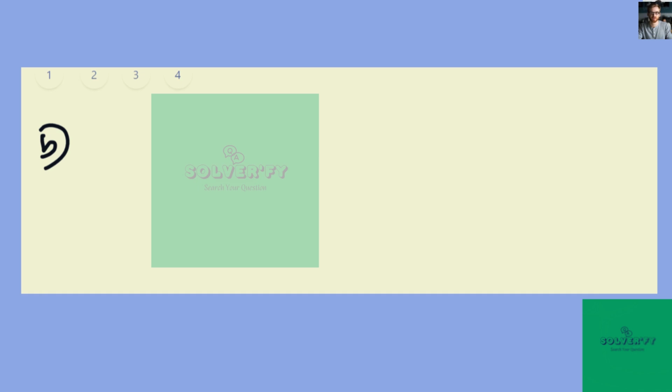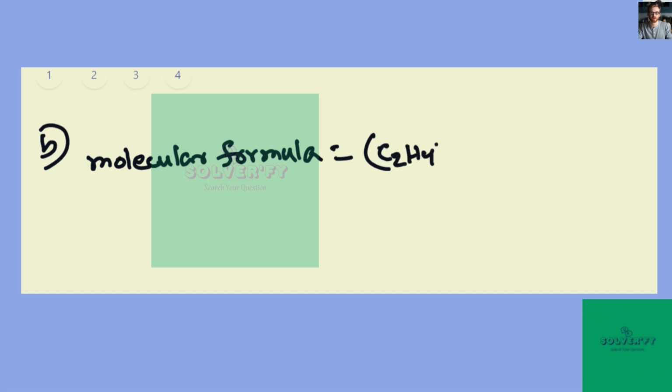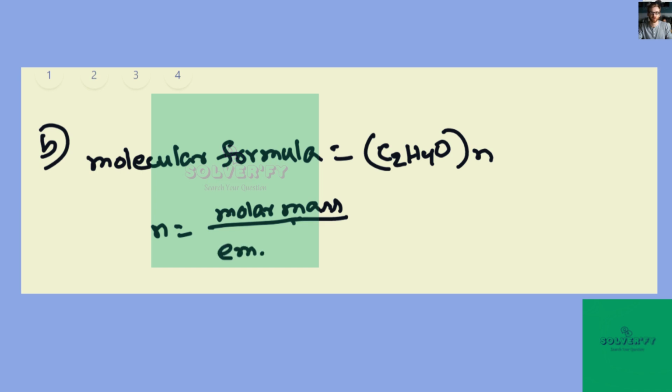So the molecular formula will be C2H4O whole bracket N, and to find the N again is the molar mass over the empirical formula mass.